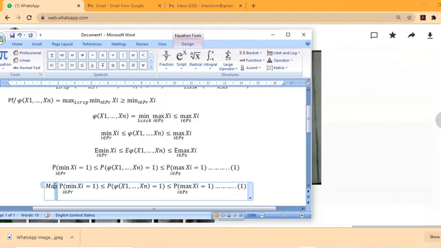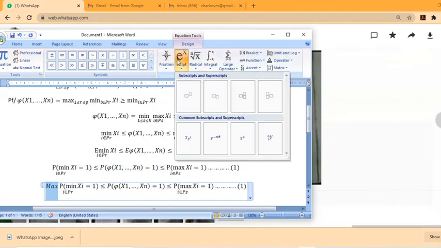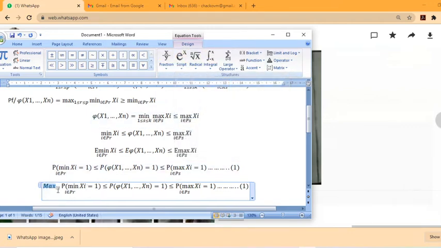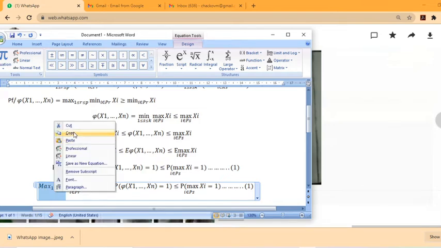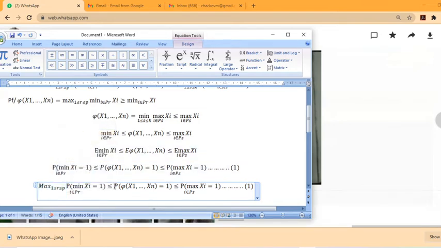That is possible. Or we can maximize each side with respect to 1 less than or equal to r less than or equal to p. Okay, so this operation can be applied to all sides.